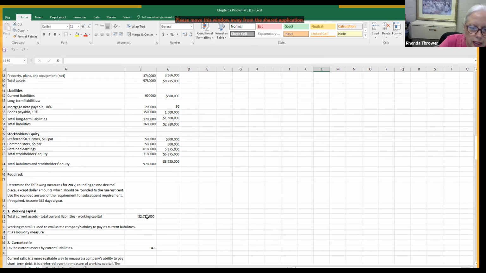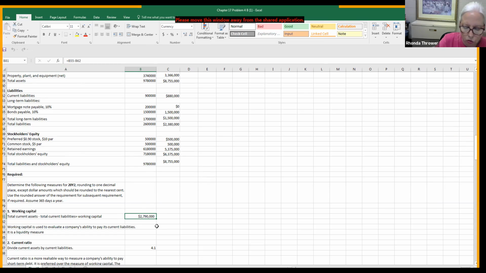If you want to click on this, you can see up here, they have the cell addresses for the formula. So we would take the total of the current assets, which is on B55, and subtract the total of the current liabilities from that to get the working capital. And again, this is a measure of liquidity.